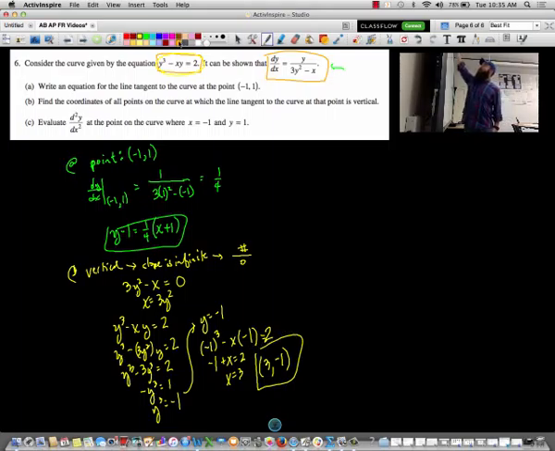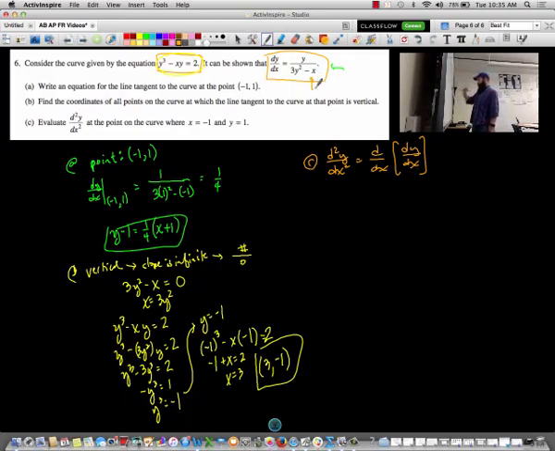So part C says evaluate the second derivative at the point on the curve where x is -1 and y is 1. So since we need the second derivative, that is the derivative of the derivative, right? So this is an implicit differentiation problem with the derivative.